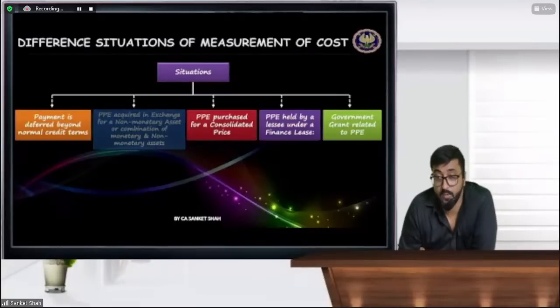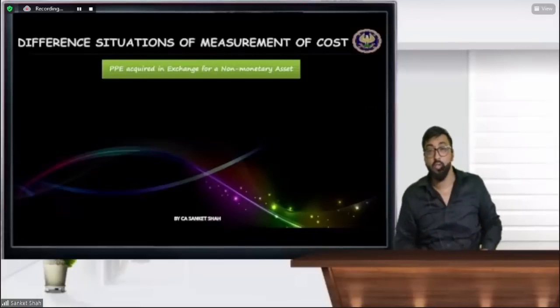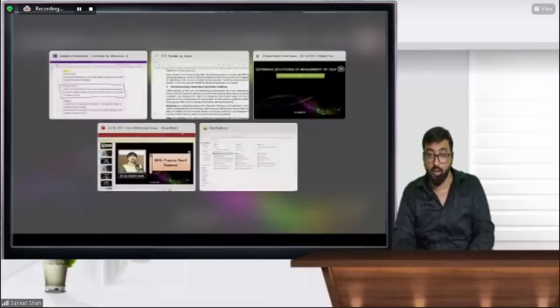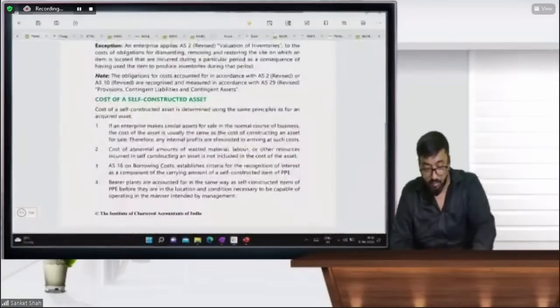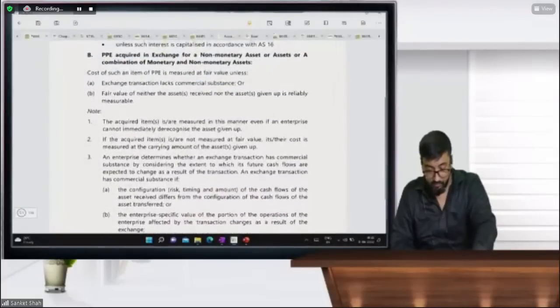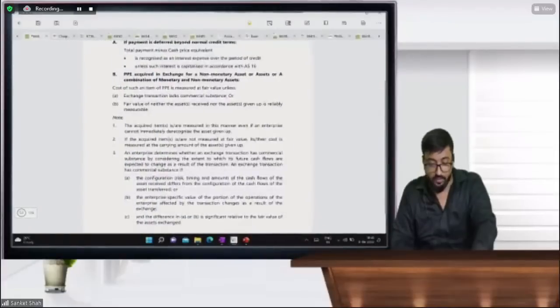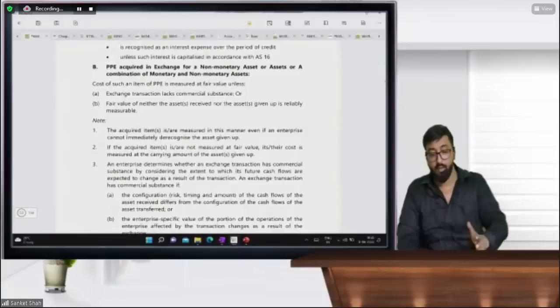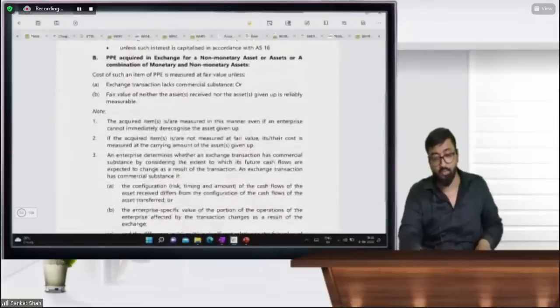Please concentrate for the next 5 to 10 minutes because this is not very easy. PPE acquired in exchange of asset to asset. I'm giving you 5 minutes to read this adjustment for non-monetary assets. Can you explain this concept? This is the concept on page number 3.78.